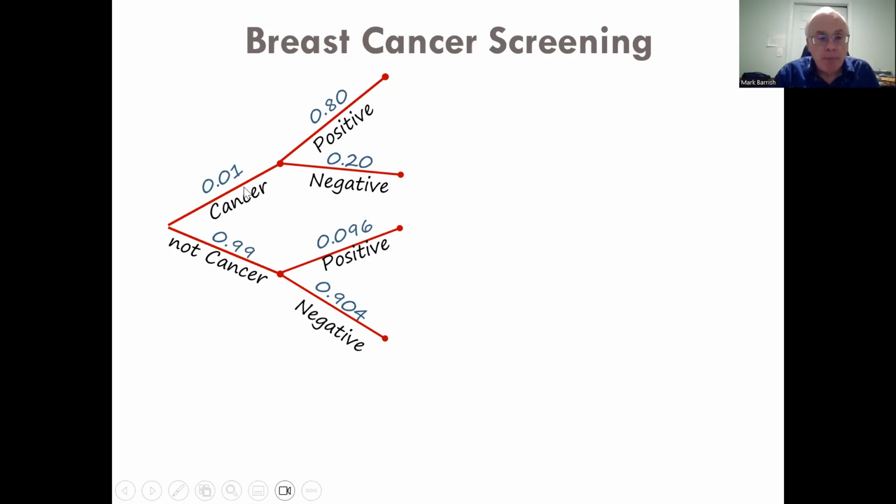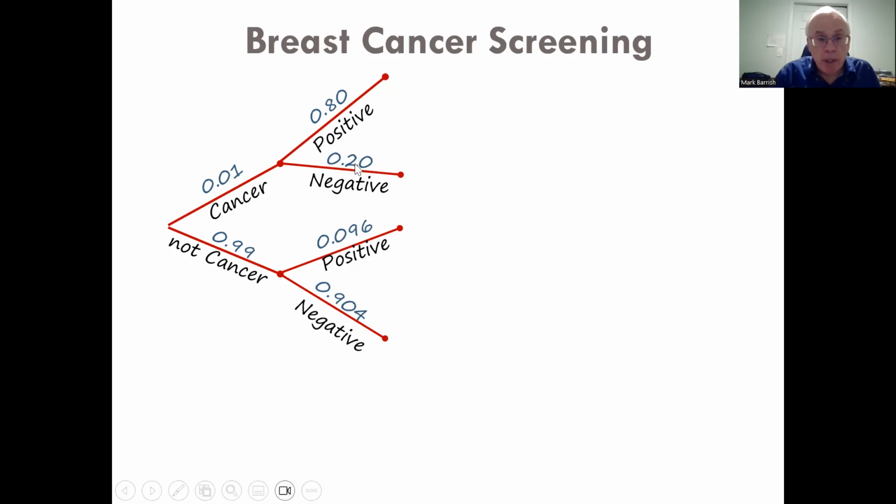And so how do we get this number, which is 1 minus 0.01, 0.99. That's 99% of the women don't have breast cancer. If 9.6% of the women who don't have breast cancer have a positive result, that means 1 minus that, or 90.4%, 0.904, of the women get a negative result if they don't have breast cancer.